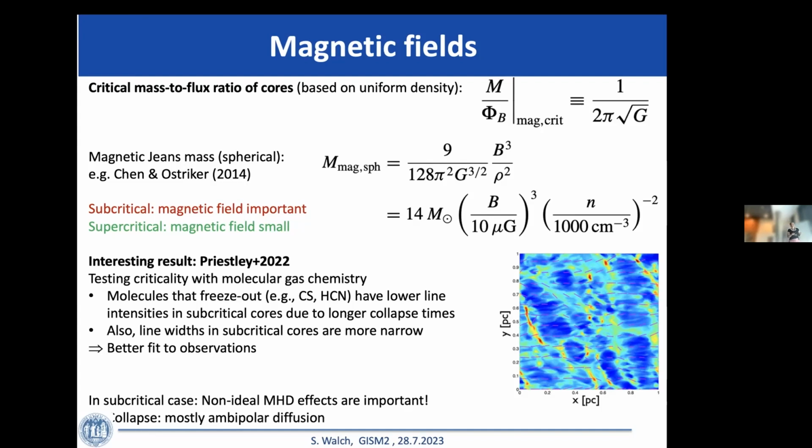He also found that the line widths in subcritical cores are more narrow. Overall, he concludes that these lower intensities and more narrow line widths are a better fit to observations. This hints towards magnetic fields playing an important role for prestellar cores.